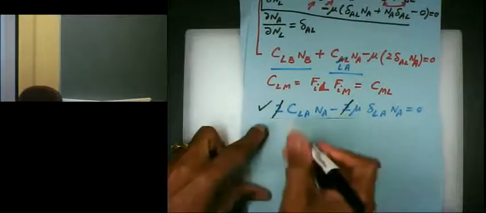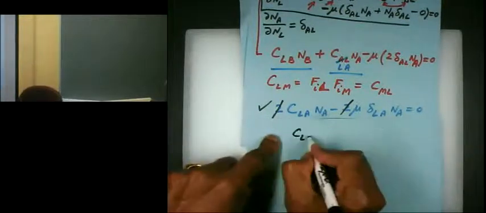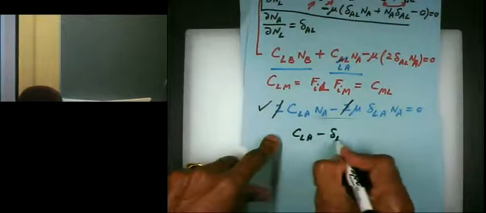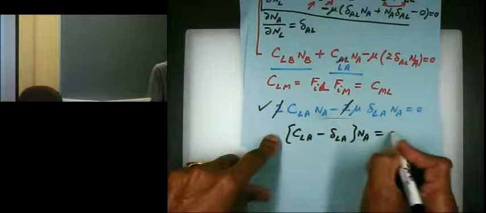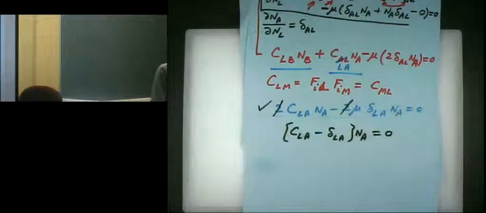Okay, so we go back to this equation. So the equation we got is (C_LA minus mu delta_LA) operating upon N_A equal to 0.